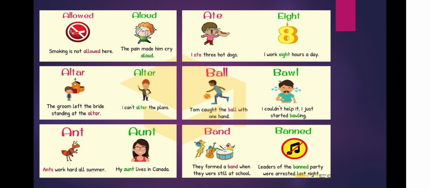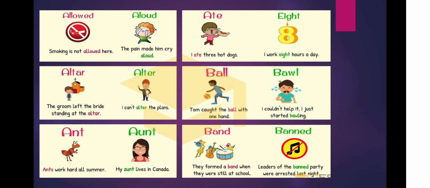Okay, band and ban. What is the meaning of band? Where music instruments are used, right? This is the band. So they formed a band when they were still at school. Now next is just the opposite, ban, which prevents someone from doing something.